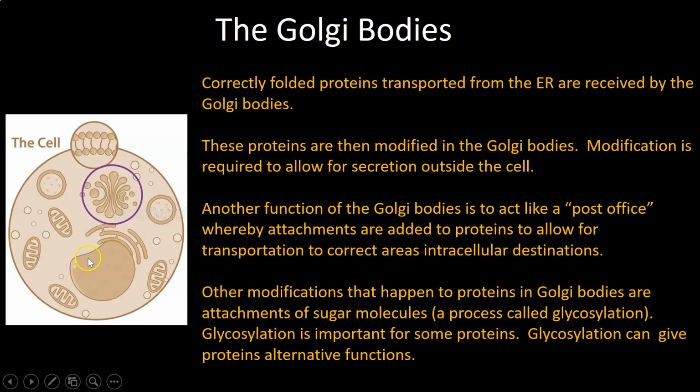So if a protein is produced and it needs to be delivered somewhere over here, the Golgi bodies ensure that that protein is delivered to the right place. So it's kind of a sorting place as well, and the way it does it is it attaches molecules to the proteins, which are then used for delivery to the right places.